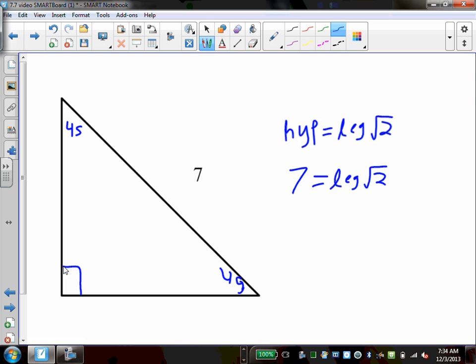Well, what we're going to need to do then is to get rid of that to find out what the leg is. We need to divide both sides by root 2 to make these cancel out and get leg by itself. But when we do that, we create a radical in the denominator, which we need to get rid of. So what we're going to have to do is that process that we learned about or remembered about earlier, last week.